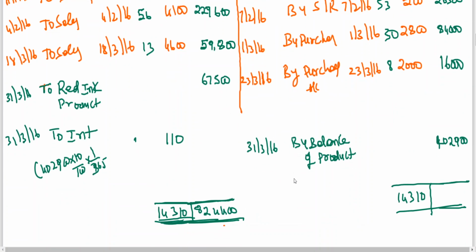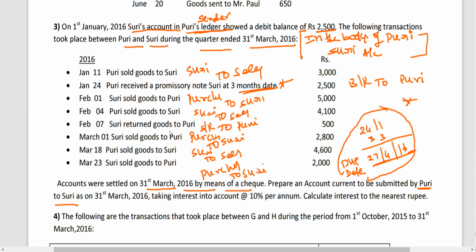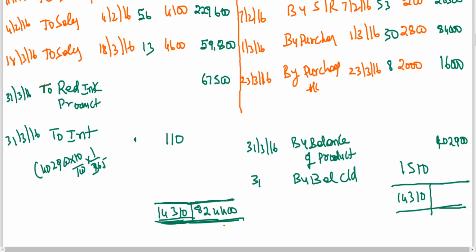So here I am writing balance carried on 1,510. Not balance carried on, because he has made a payment. You can see the problem has mentioned that the account was settled by means of a check. So not by balance carried on 31st March 16. What is the amount actually debited?